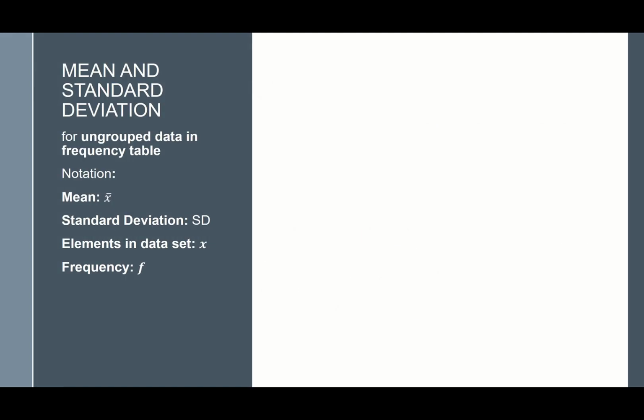Before we talk about the formula itself, there's a slight change in the notation. Instead of the total number of elements in the data set, we are going to use f to represent frequency.